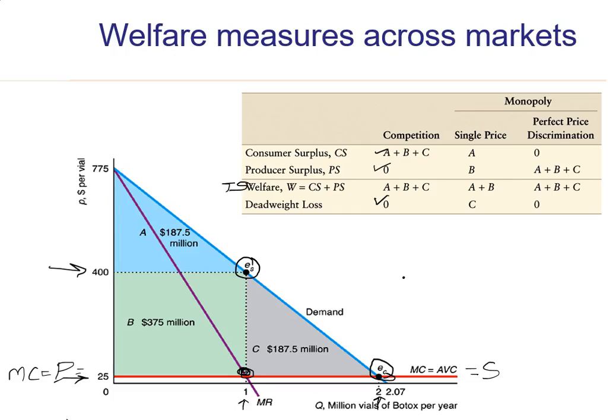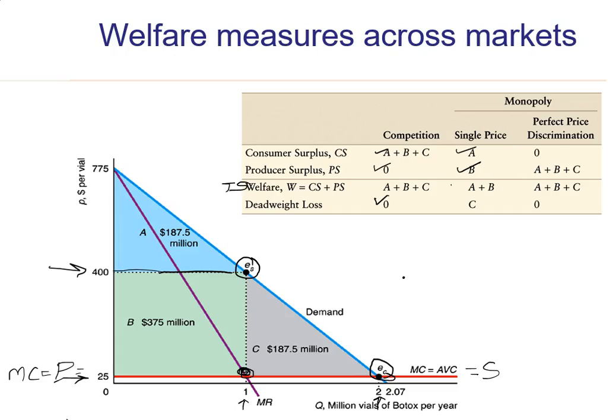Is there any consumer surplus? Yes, it's smaller. It's just this area above this price of 400. Okay, area above that 400 price and below the demand curve. So it's this area A. That's our consumer surplus, single price monopolist. How about the producer surplus? We have some this time. It's the area below price, below 400, and above the MC curve of 25. So this area B is our single price monopoly producer surplus.